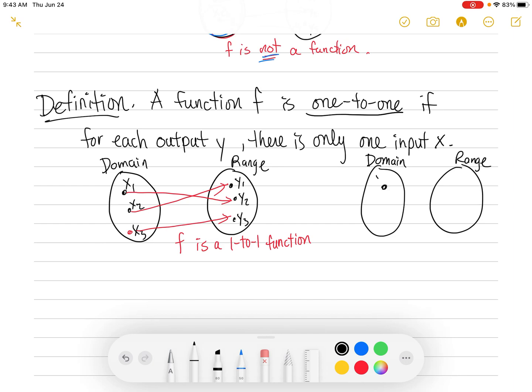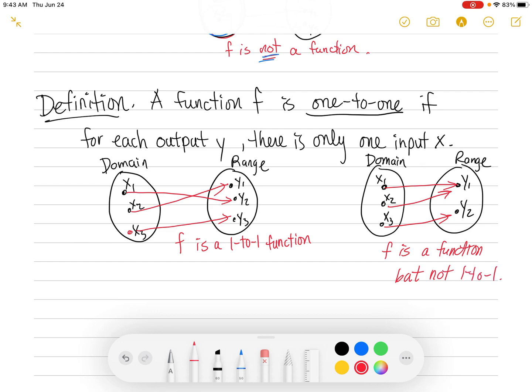Let's do another diagram that's not representative of a one-to-one function. So we have domain, we have range. We have x1, x2, x3 in our domain, and in our range we have y1, y2. And let's say our function, or our association, has the following: x1 goes to y1, x2 goes to y1, and x3 goes to y2.